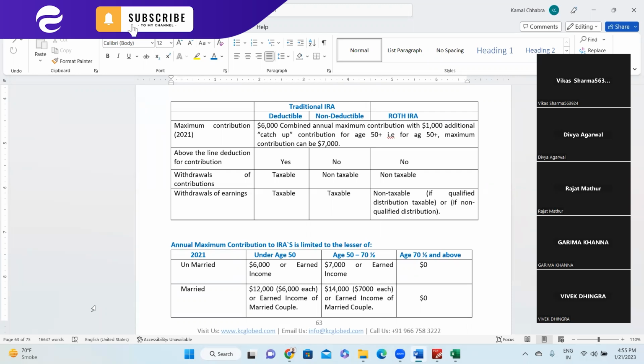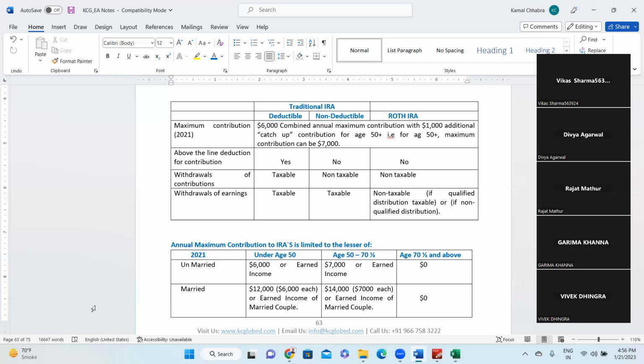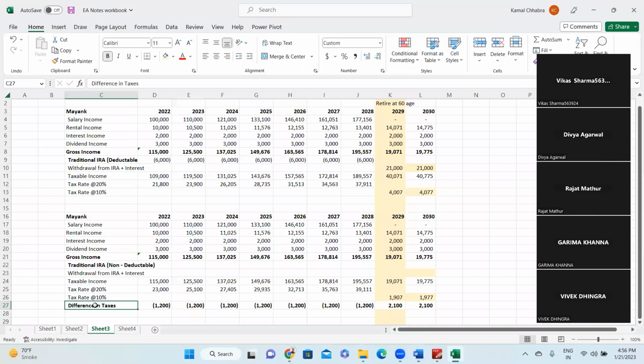Yes. So these are all above-the-line deductions for contribution. That means these are reduced from the adjusted gross income. So deductible is considered as itemized deduction, but non-deductible or Roth IRA are not deductions. That is what we understood here.